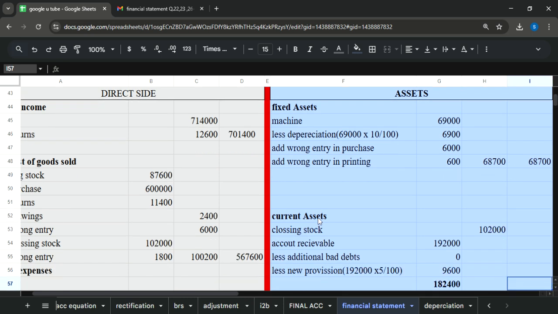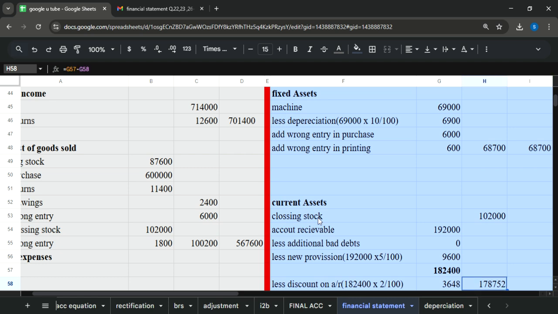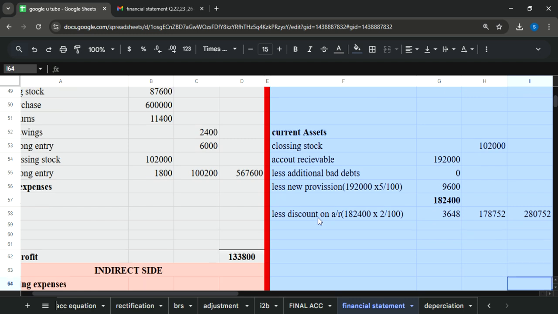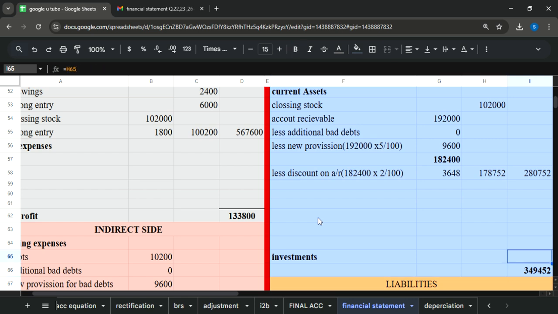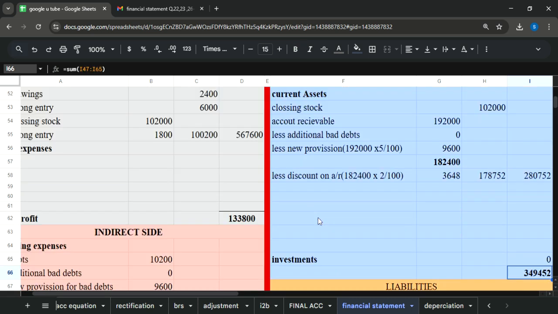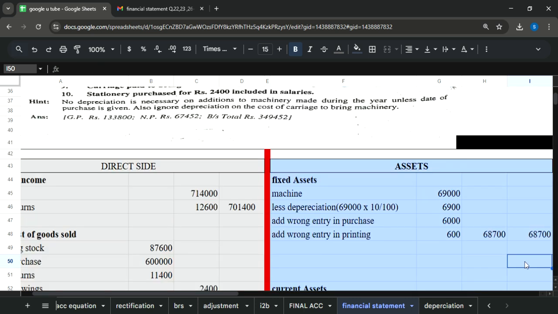Here we will start our calculation for current assets, and there are only two current assets. That's a little comfy for us, and we will add those two current assets to get the total of current assets. There are no investments, so you may write 0 over here. And finally the sum of these two amounts, 6870 and 280742, we have got 349452, and our balance sheet answer is 349452.